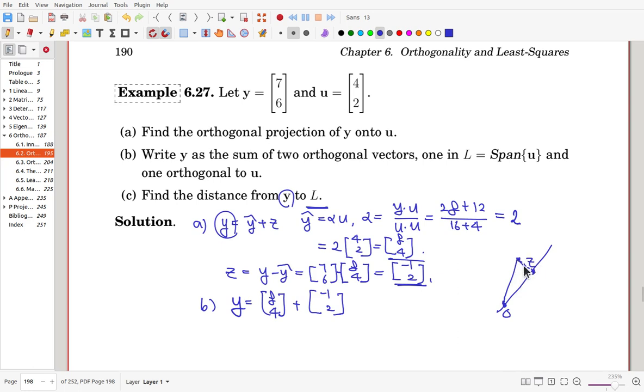So distance must be the norm of z. So that's part C. Distance must be the norm of z, the orthogonal component. So that is the same as square root of 1 plus 4, which is square root of 5. That's the final answer.